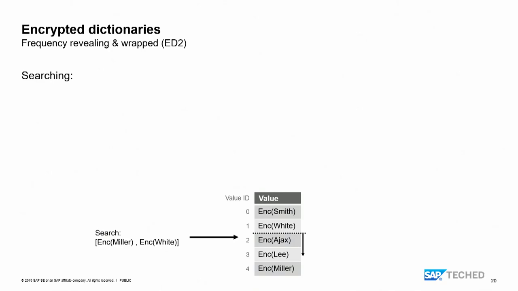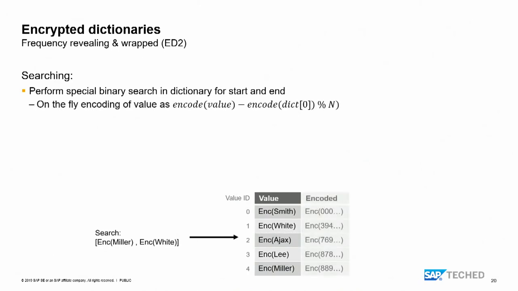So we have to perform something else, and we perform a special binary search. I don't go into too much details here, but the key is to encode values that you access on the fly. I presented you here the encoded values. So Smith becomes all zeros. Miller becomes 889, whatever, and all others also are encoded somehow. And the important thing is, look at them, they are sorted.